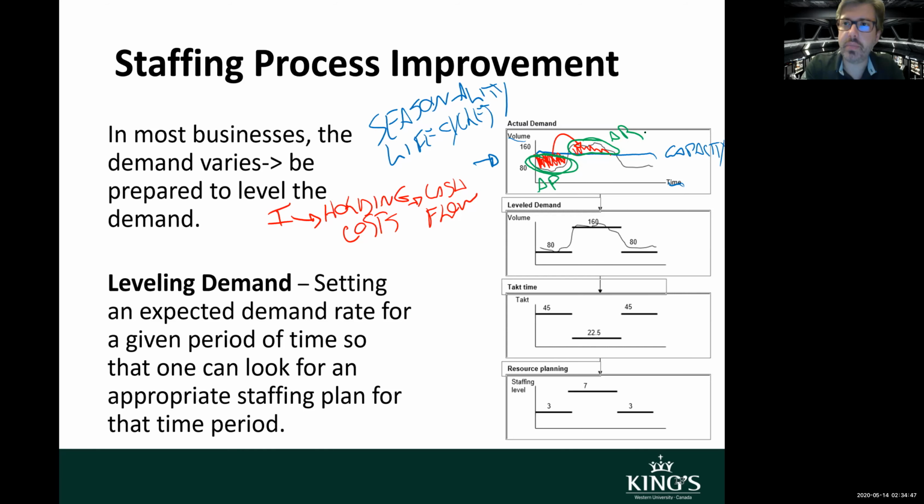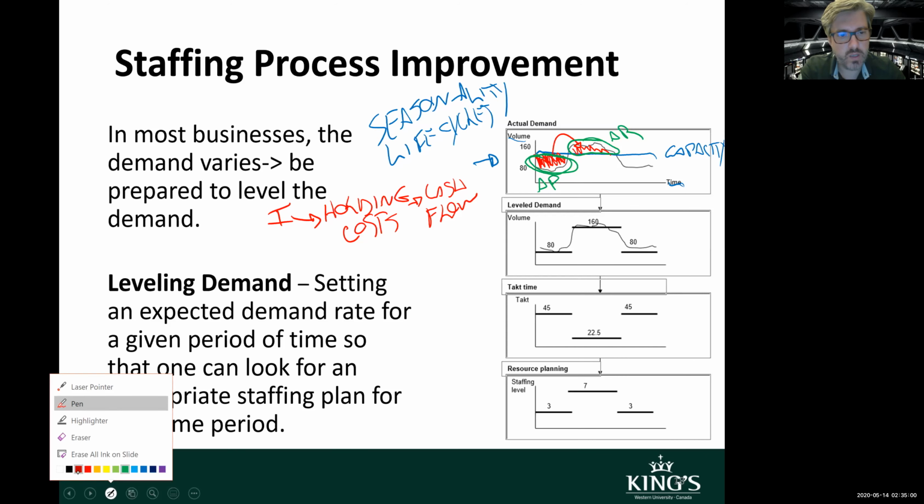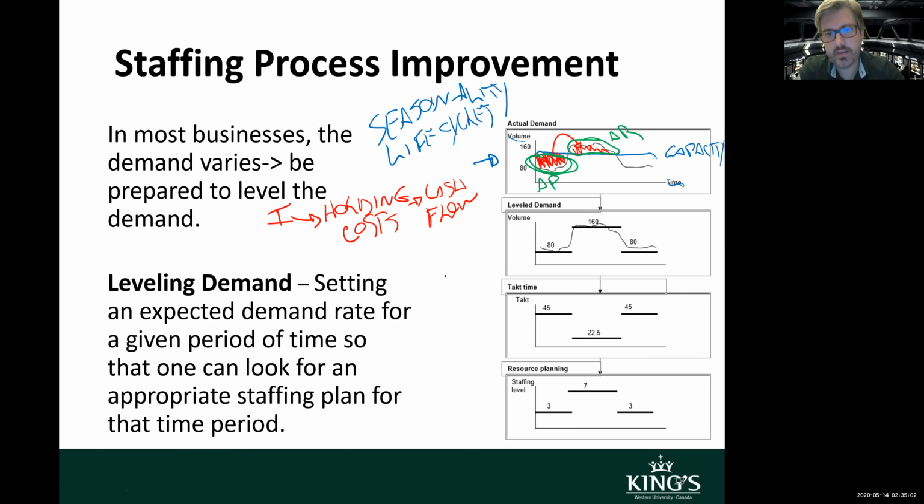That could be a big issue with the overall financial health of your organization. So what you want to do is work with leveled demand. So if there's variability in demand, and again, understand that in the process triangle, utilization, capacity, variability, and inventory. So the more you have variability, the more inventory will be affected, right?